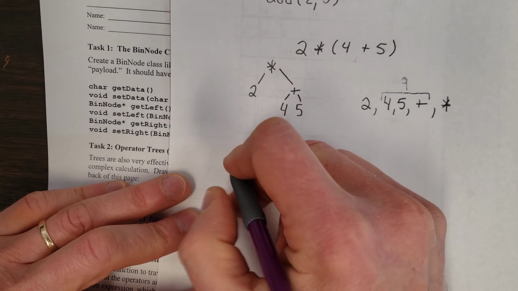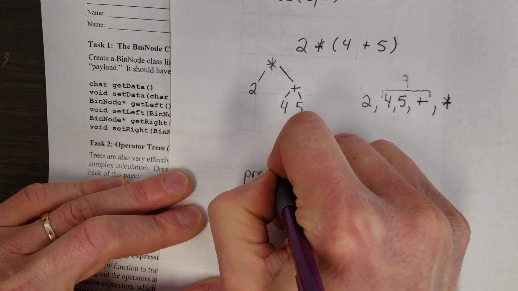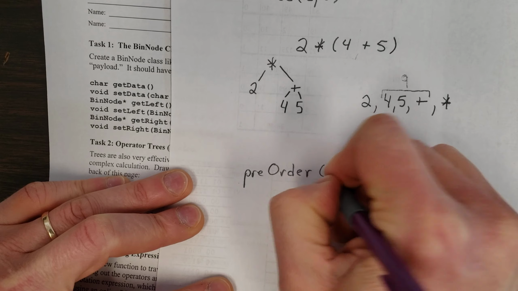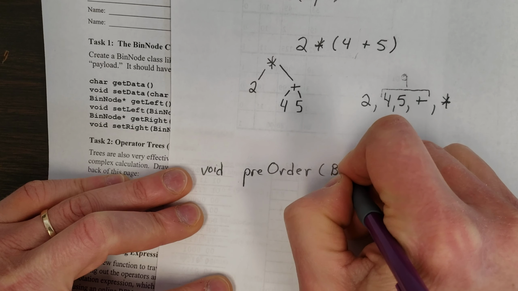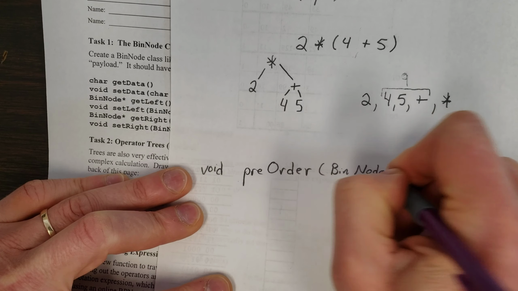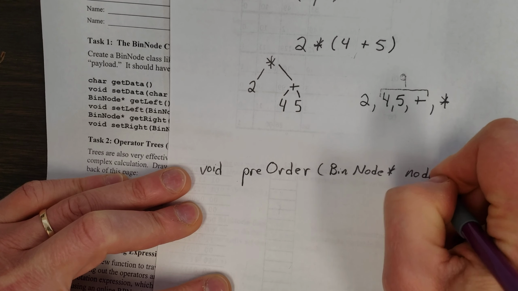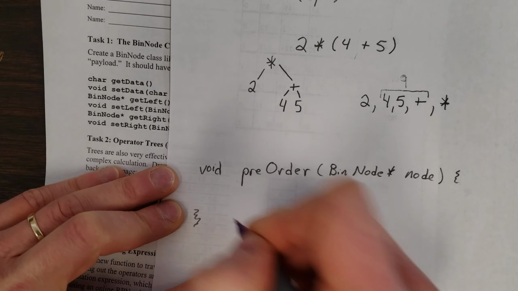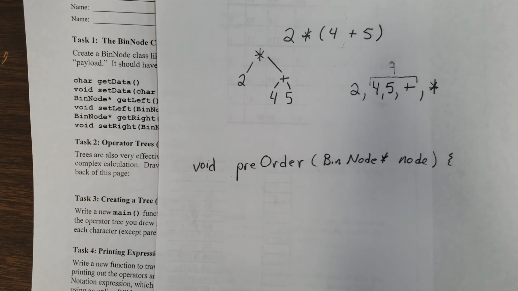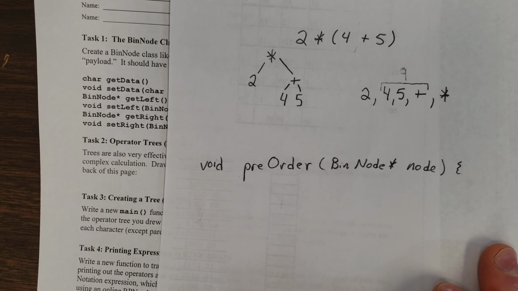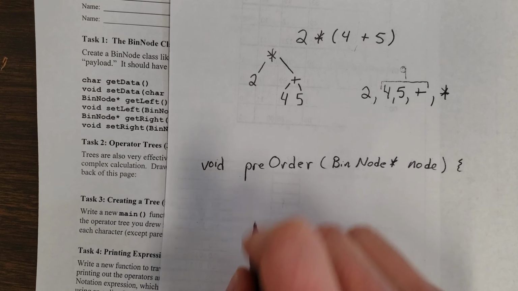It would be something like this, and you're going to need more lines than that. But what you can do then is we're doing a post-order traversal.